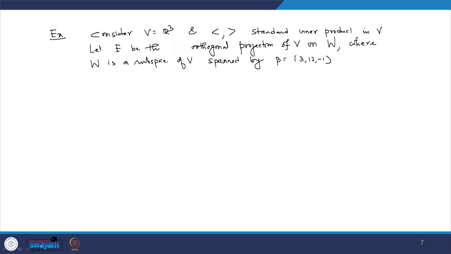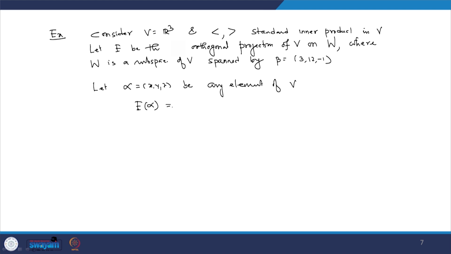Okay. So, let alpha equal to (x, y, z) be any element of V. Define E alpha.